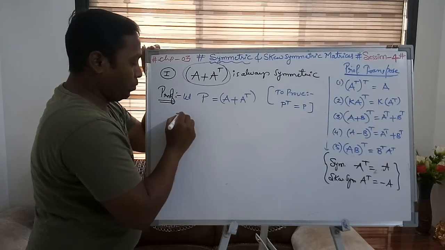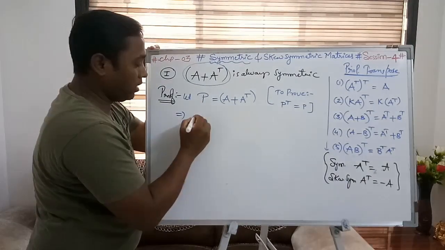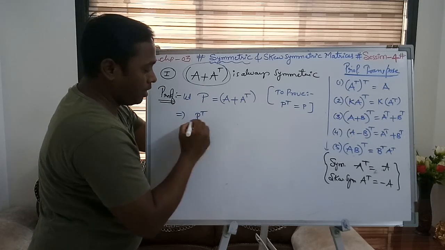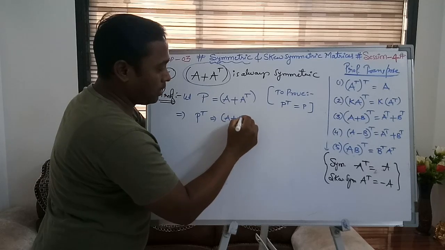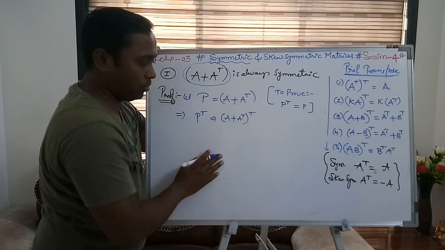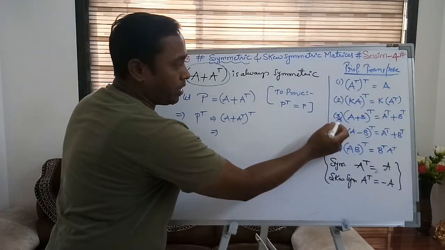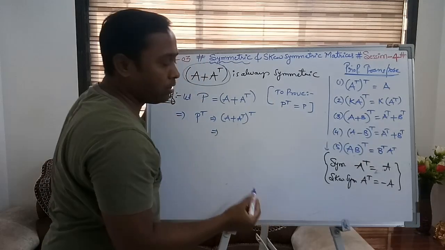Now, to prove this, I am taking the left hand side, that is P transpose. P transpose implies A plus A transpose the whole transpose. But in addition, like the third point here, you can see (A plus B) whole transpose equal to A transpose plus B transpose.